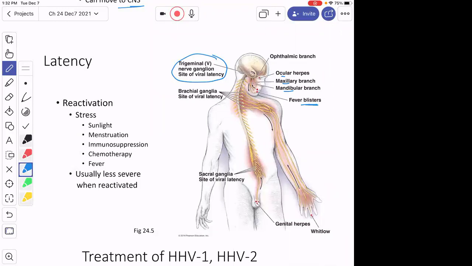So every now and then they'll just reactivate and you'll get the sores come out. Whitlow would most likely go latent in the brachial ganglia, and HHV-2 would more likely go latent in the sacral ganglia.